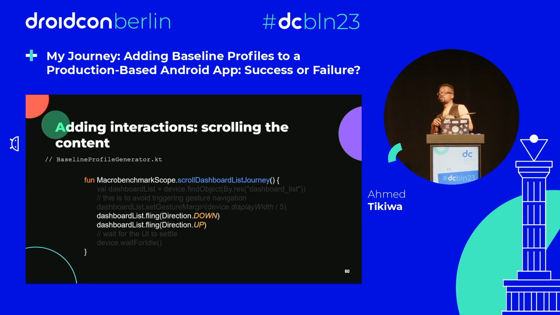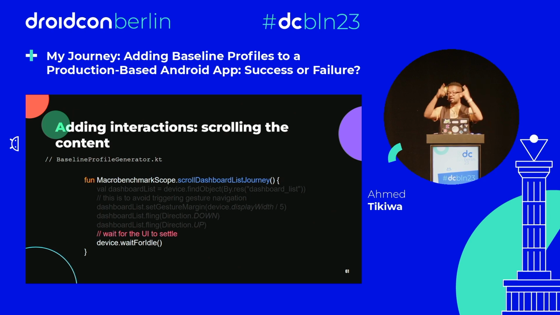We then scroll up and down the list using the fling method, starting by scrolling down, then scrolling up, basically mimicking what the user will be doing when they interact with the app. Then we wait until the UI settles from the up and down flinging, and until it's passive enough for us to interact with the item on the list.